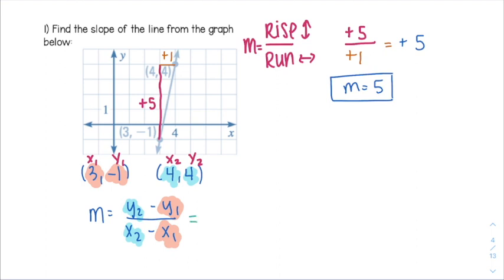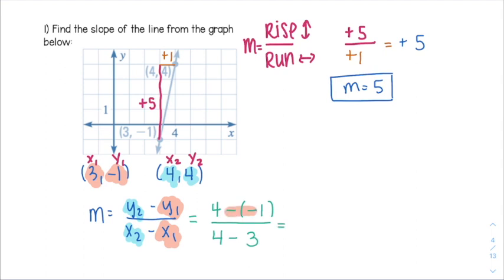So then this would become y2, which is 4, minus, and now y1 is a negative. I always like putting that in parentheses because you've got to see that double negative happen, over x2, which is 4, minus 3. So now I just simplify.